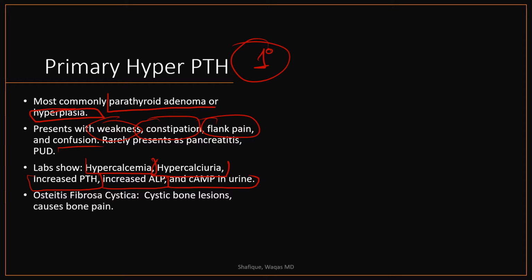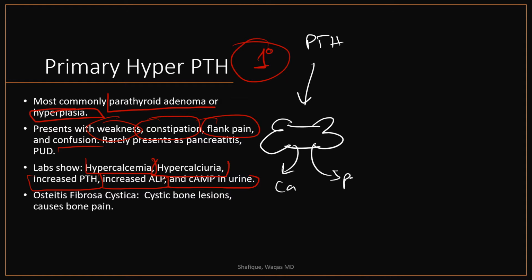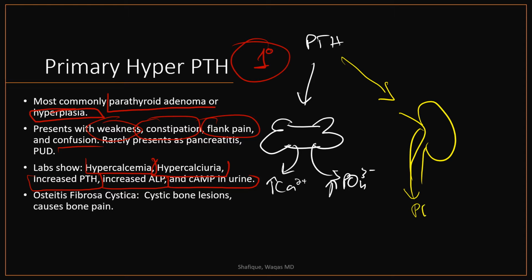So what is PTH? Let's just review. It has a function on the bones. It reabsorbs calcium and phosphate from your bones, right? And then it acts on the kidneys to secrete phosphate and reabsorb calcium.